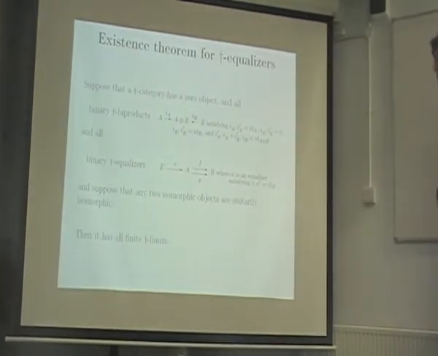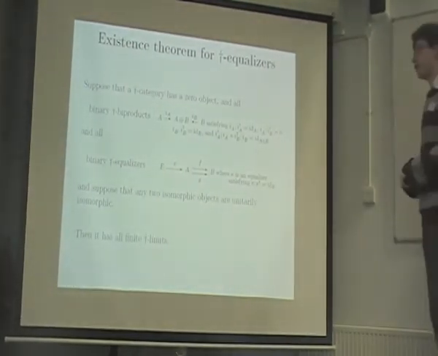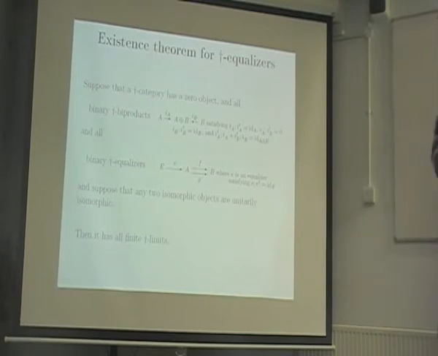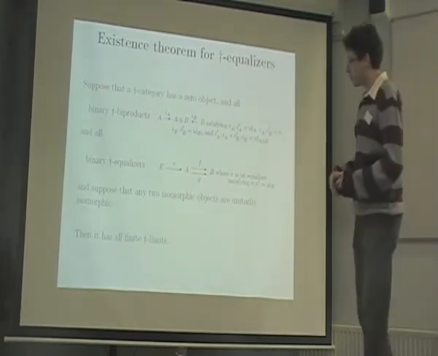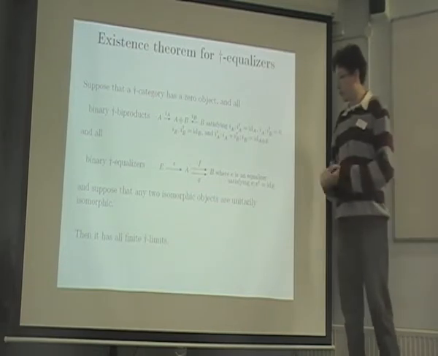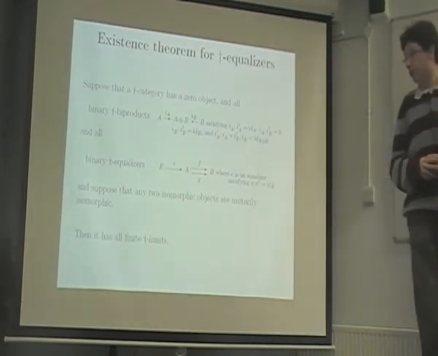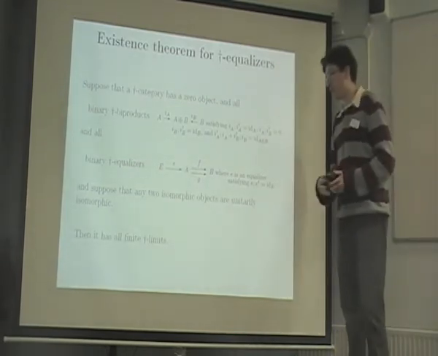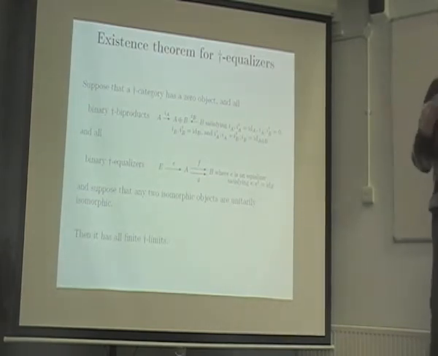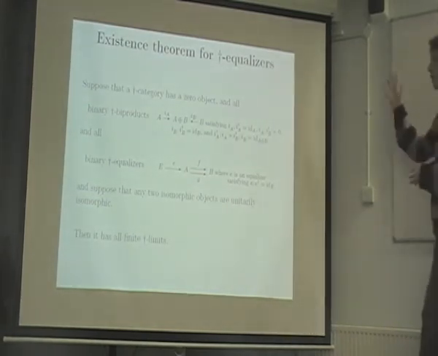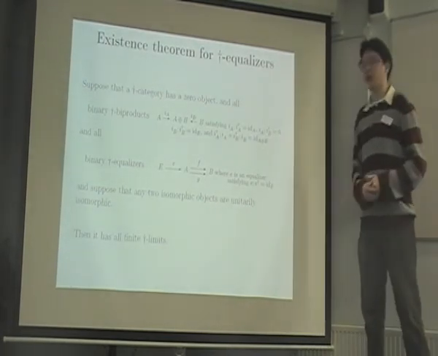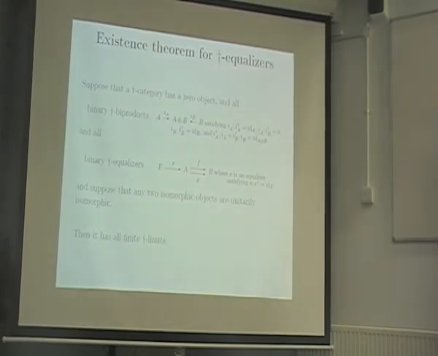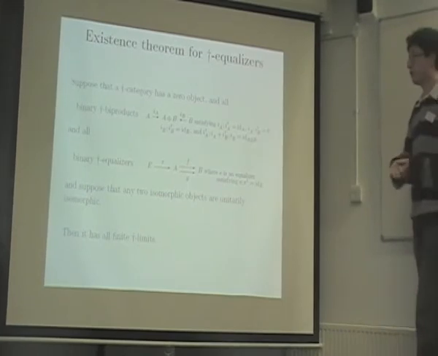So in fact, if a dagger category has a zero object, all dagger biproducts, and all dagger equalizers, where dagger equalizers are equalizers in the ordinary sense but with the extra requirement that the equalizing map E is itself an isometry, and then we need this extra, slightly annoying condition that any two isomorphic objects are actually unitarily isomorphic, so there's also a unitary isomorphism going between them, then you can prove that you have all finite dagger limits. So you can't just get it from dagger biproducts, but you can get it from dagger biproducts, dagger equalizers, and a zero object.